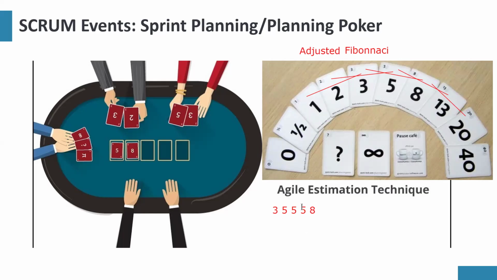The whole essence of this is for developers to learn from each other based on their experience. Then you estimate again. Let's say the next time all of them choose 5. We're going to say the level of work is 5 story points.